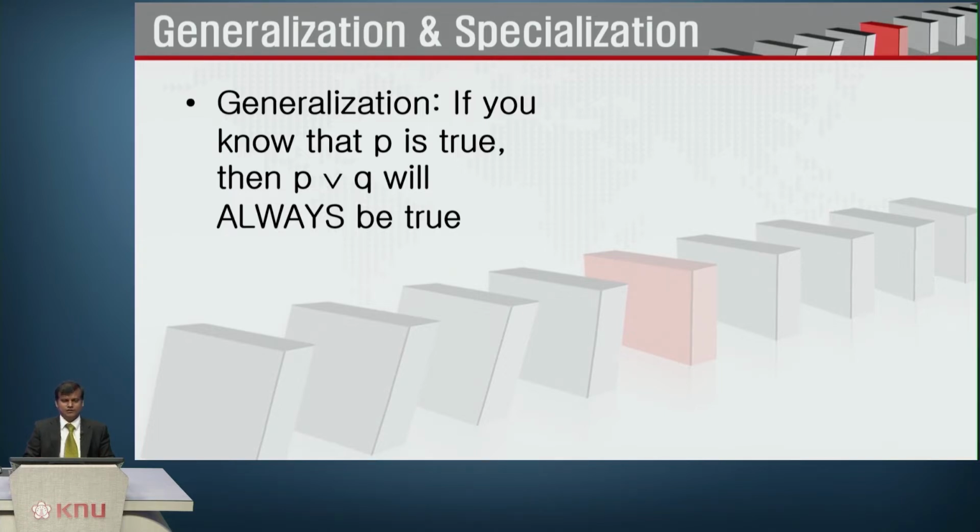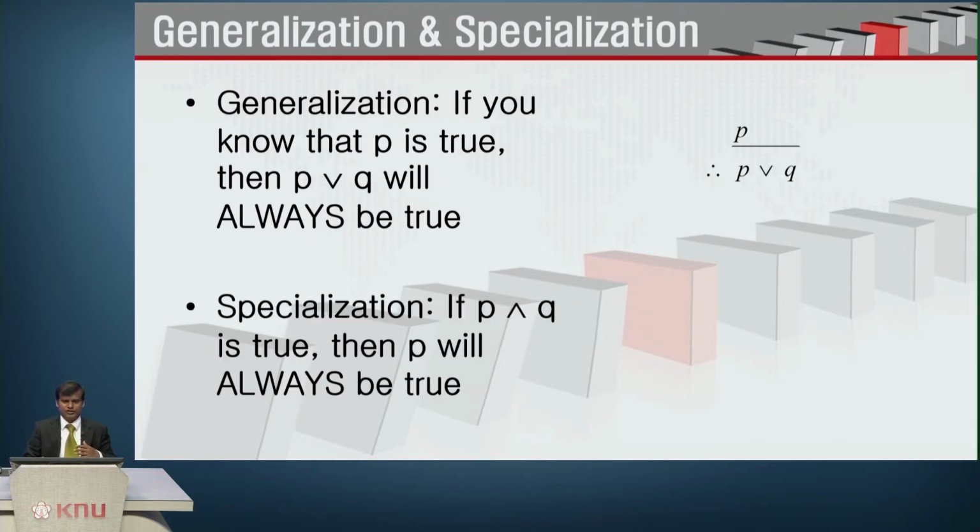Coming to generalization, if you know that P is true, then P or Q is always true. So given P as true, you can say that P or Q is always true. So that's a basic generalization.